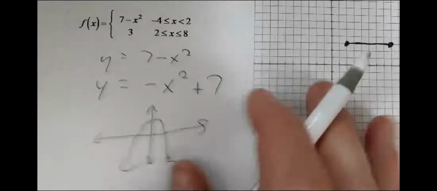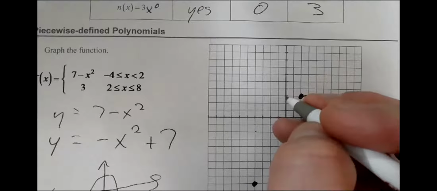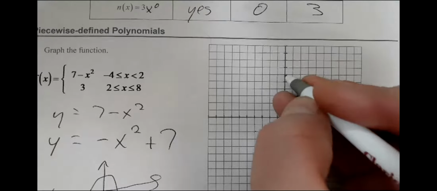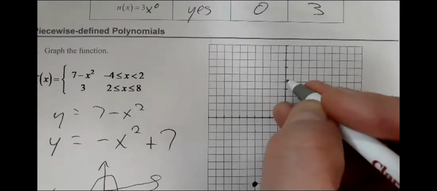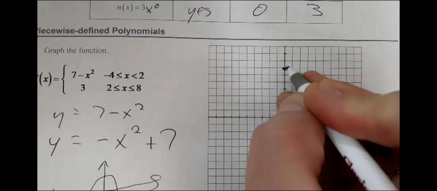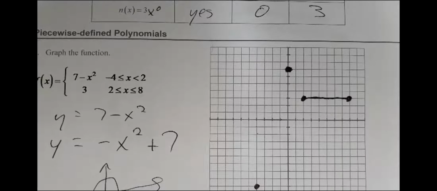It's a negative parabola raised up 7. 1, 2, 3, 4, wait, 1, 2, 3, 4, 5, 6, 7. So there is a vertex right there. It is turning around.